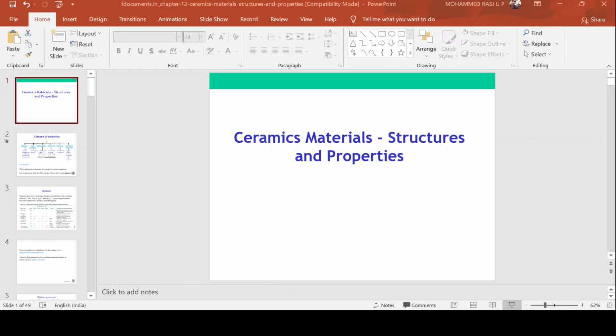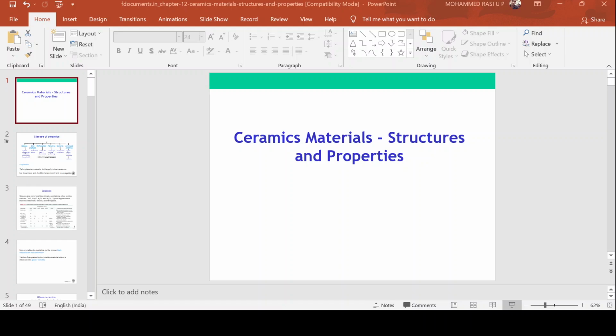And this is about layered silicates. Layered silicates include clay silicates, where silicon-oxygen tetrahedra are connected together to form 2D planes. So we need a cation to balance this typical structure. This is what we call layered silicates.